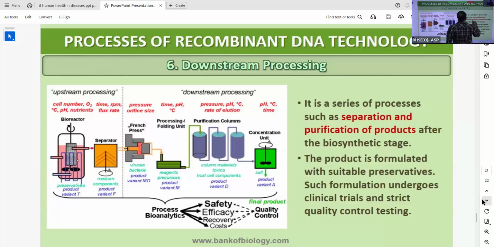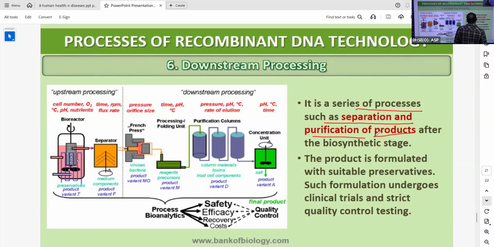Look here, it is a series of processes such as separation and purification of products after the biosynthetic stage. Clear? Understood?